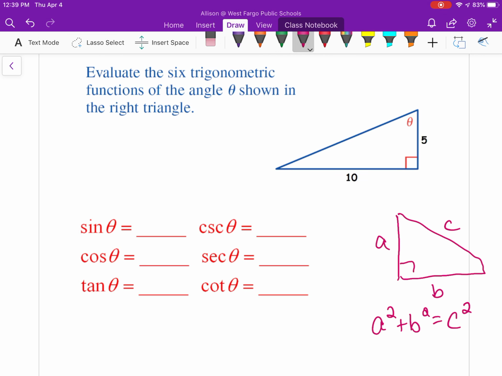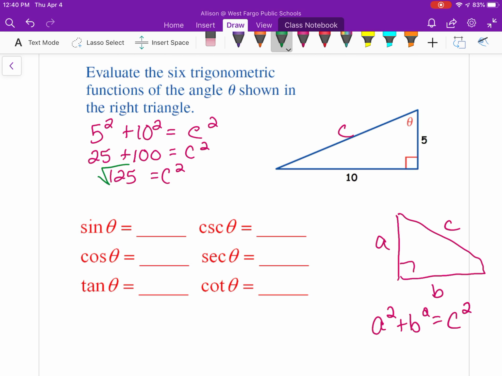So in this example, we can find the hypotenuse by taking 5 squared plus 10 squared equals our hypotenuse squared, or our c squared. So that'd be 25 plus 100 equals c squared. So 125 equals c squared.